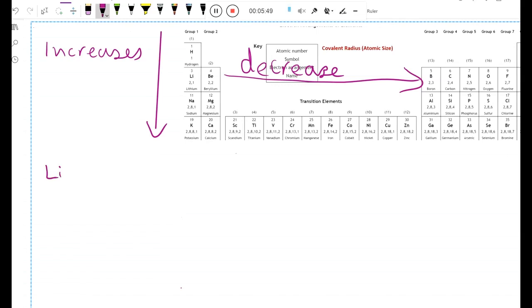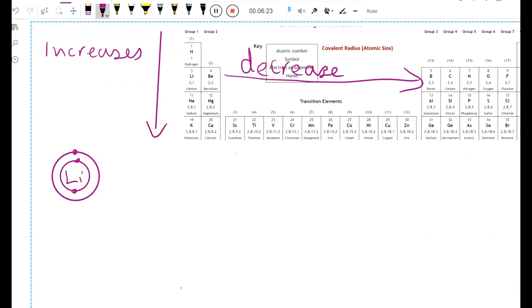Lithium has an atomic number of 3, which means it's got 3 protons and 3 electrons. Okay, and this information here tells me the number of electrons in each energy level. So the 2 tells me I've got 2 electrons in the first energy level and 1 electron in the second.